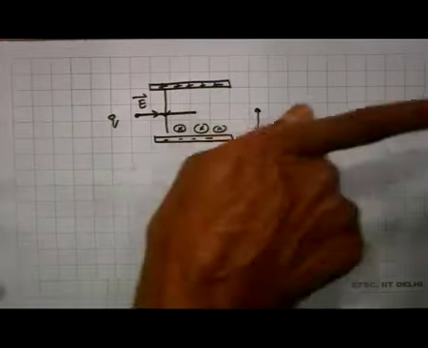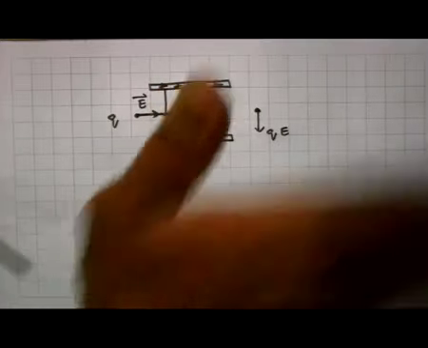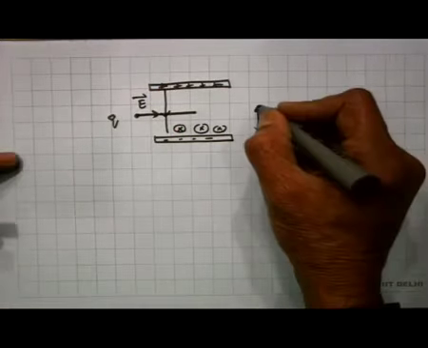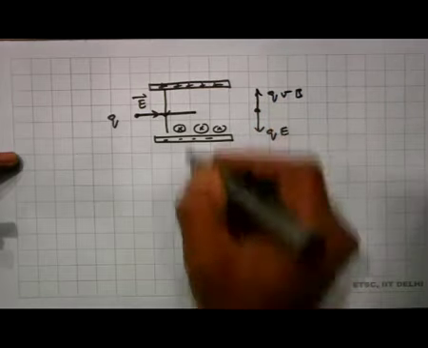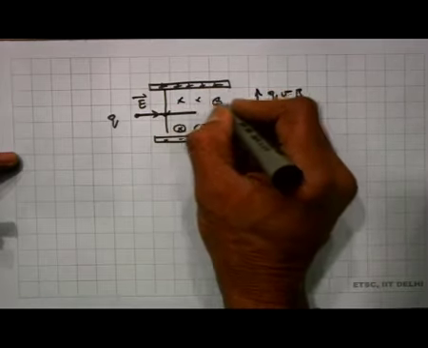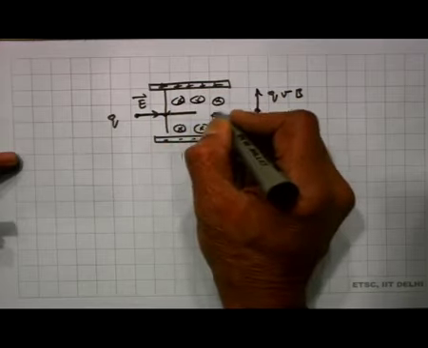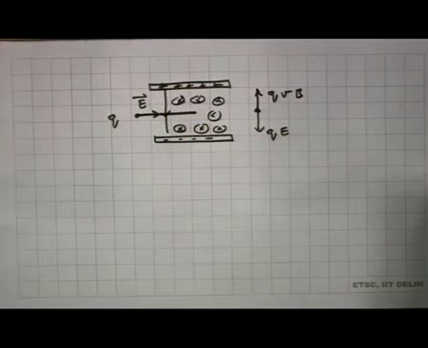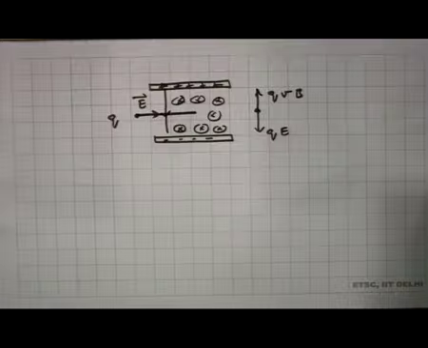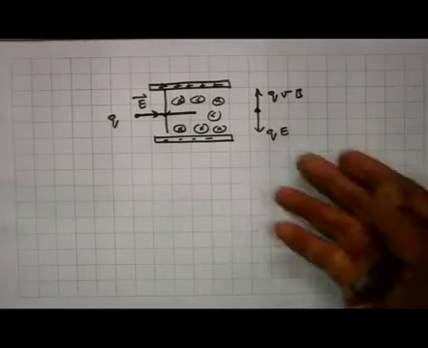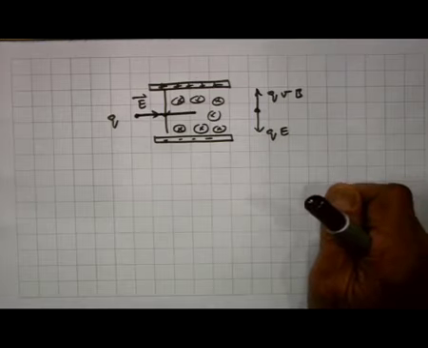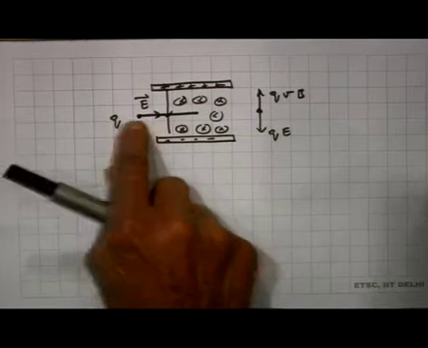The velocity is in this direction, magnetic field is into the page, v cross B is upward, so the magnetic force is upward. So this is qvB. The magnetic field is uniform and pointing into the page, and the particle comes from here. So the net force acting on the particle is qE minus qvB or qvB minus qE, and it is perpendicular to the direction of motion.